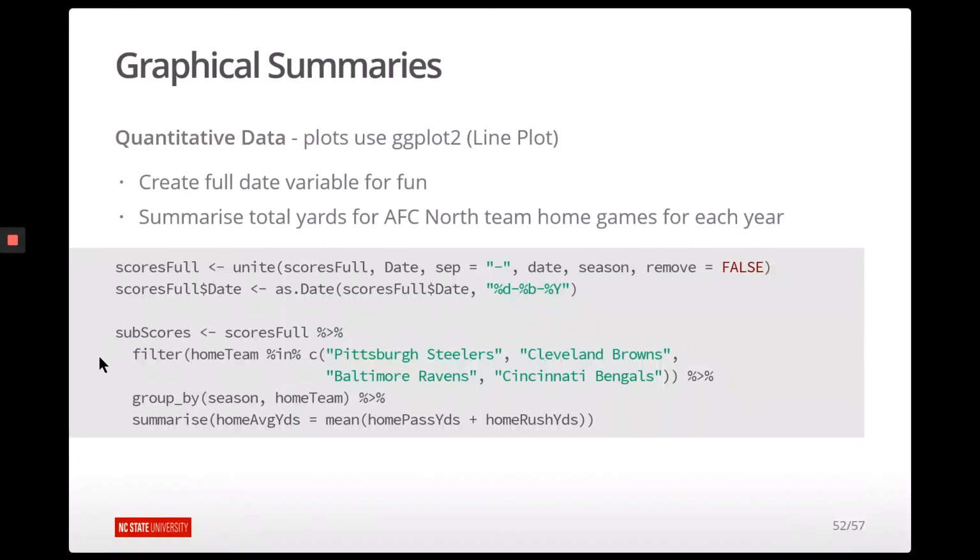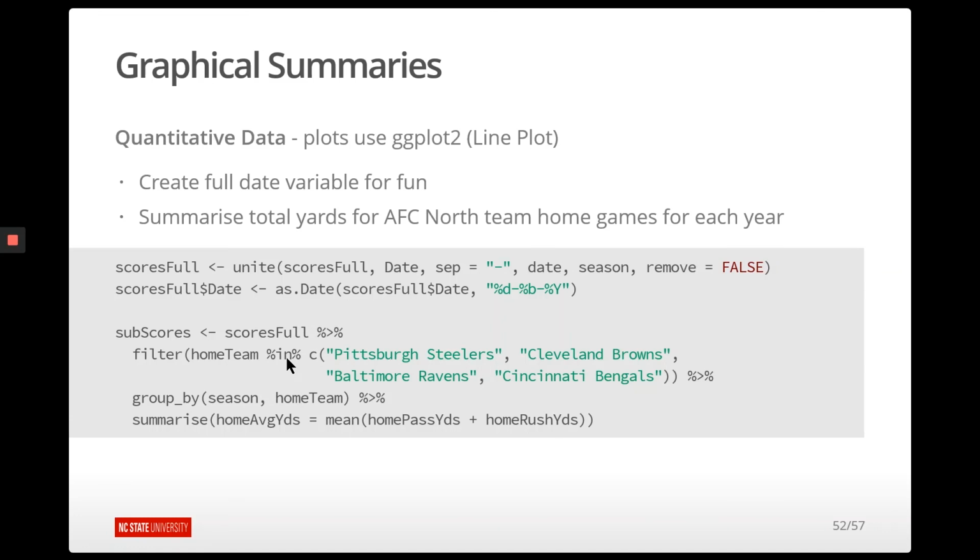All right, so what we might want to do is, let's say, summarize the total yards for just AFC North teams for home games for each year. So there are 4 teams in the AFC North, and what we want to do is get the total yards for their home games across each year. So we have time data here, right? So we can go across years. So what we've got to do first is create some summaries. So I'm going to take that full data set. I'm going to grab just the teams in the AFC North. And here's this %in% infix operator that we mentioned previously.